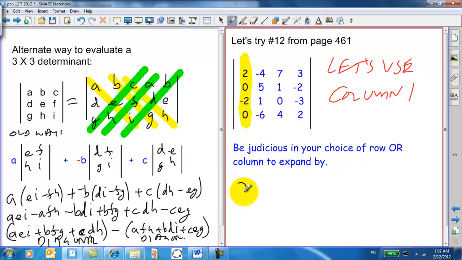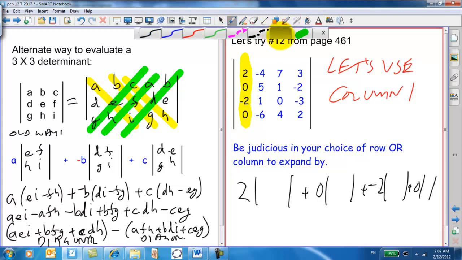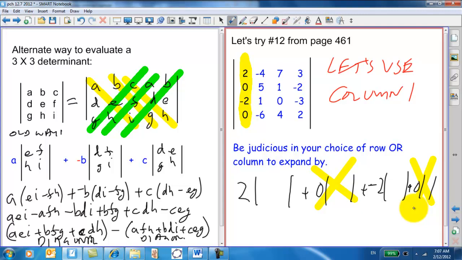Because you get 2 times the minor of 2, plus 0 times the minor of that 0, plus negative 2 times the minor of that, plus 0 times the minor of that. The 2 and negative 2 are both in positive positions, so we don't have to change that. And I can essentially eliminate these 2 parts, and that saves a lot of work. Don't bother calculating the whole determinant when you multiply the whole thing by 0 anyway.